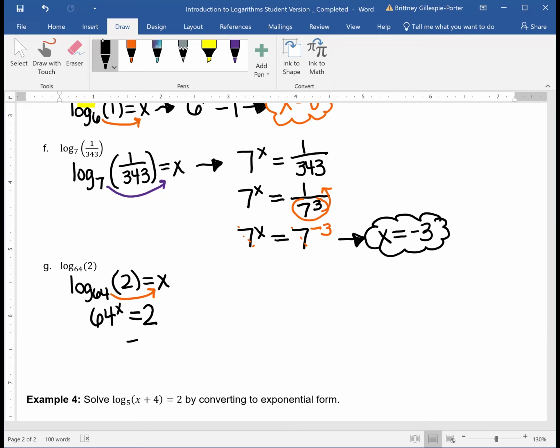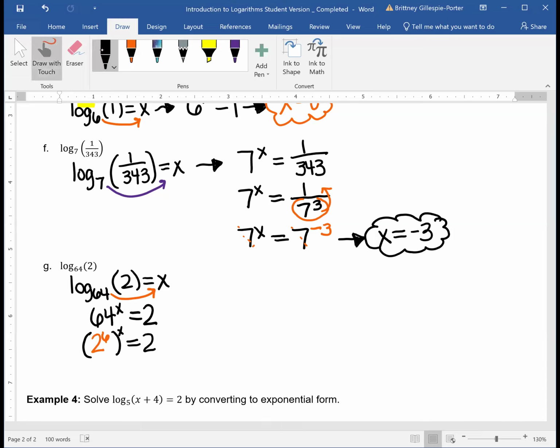We want to rewrite the left-hand side in terms of 2 to a power. So we go to our calculator. We know 2 cubed is 8. 2 to the fourth gets us 16. Keep using your calculator. You should find that 2 to the 6 is equal to 64.